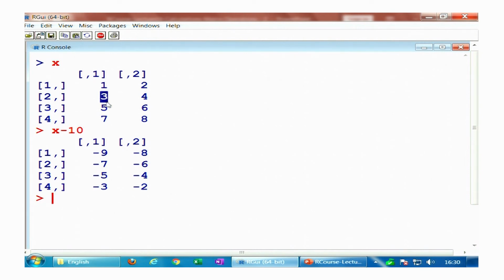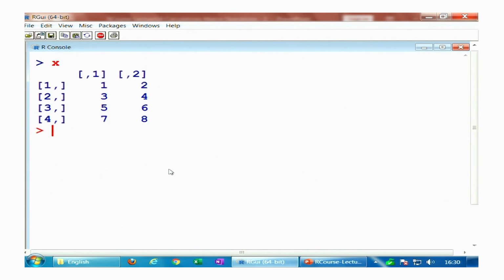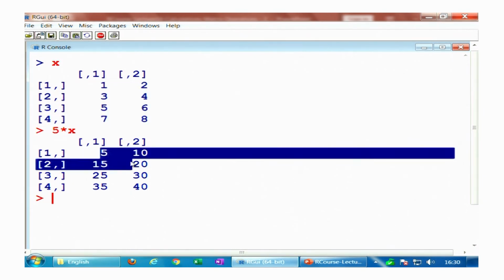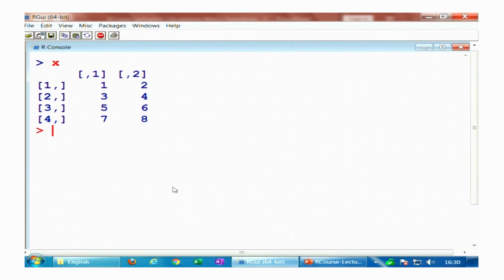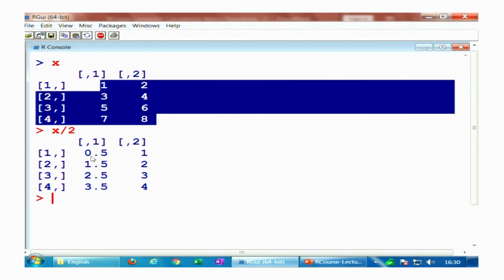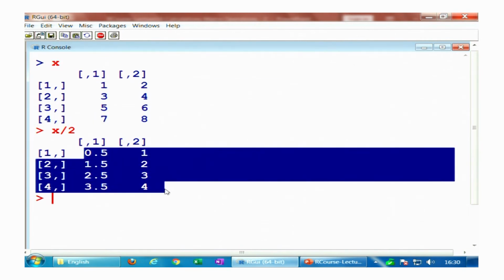Yes, 1 minus 10, 3 minus 10 and so on. And similarly, if I multiply by 5, every element in the matrix X is multiplied by 5, you can see here. And similarly, if I take the same matrix and divide every element by, suppose, 2, you can see each element is divided by 2, and this is the outcome.